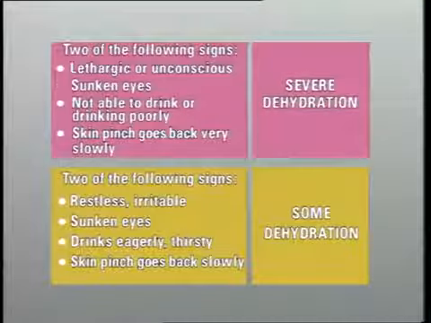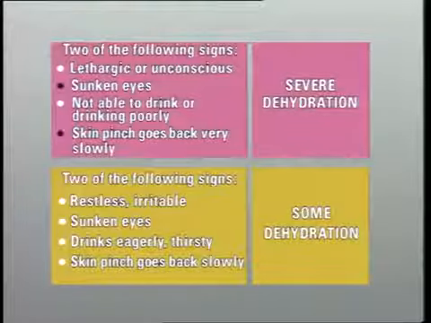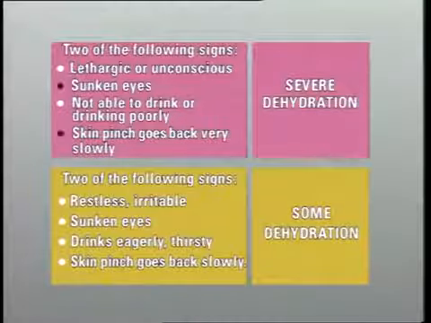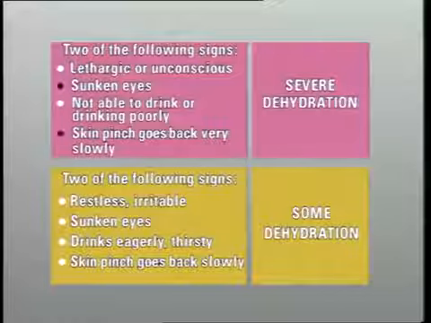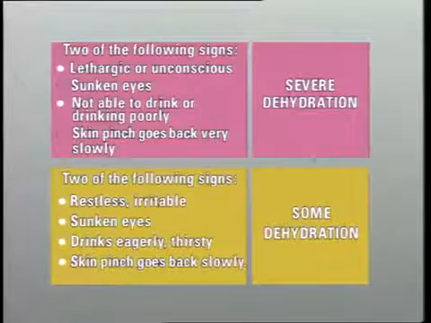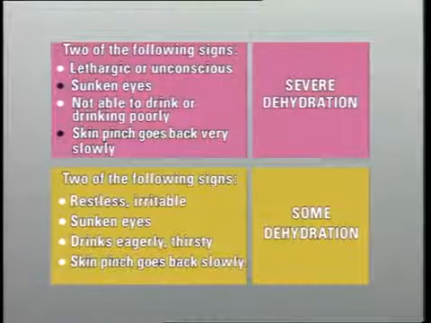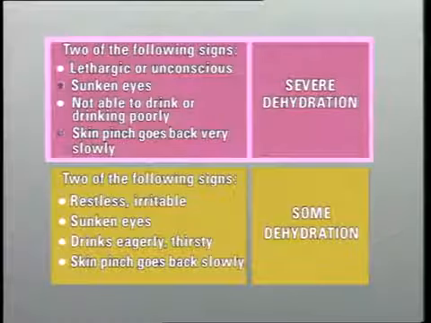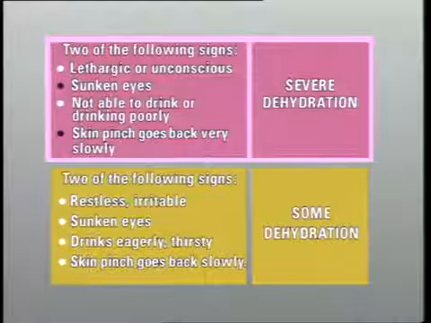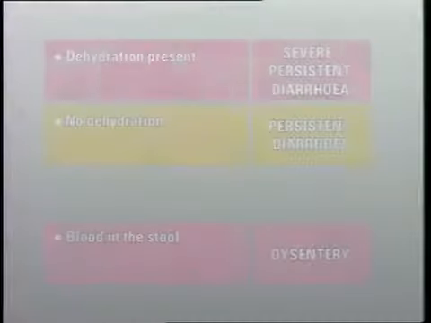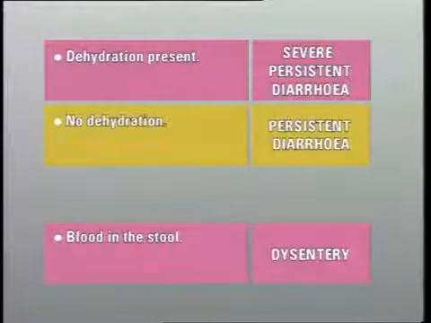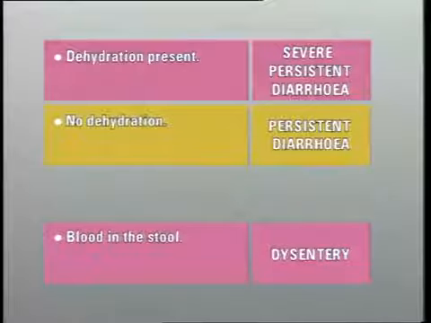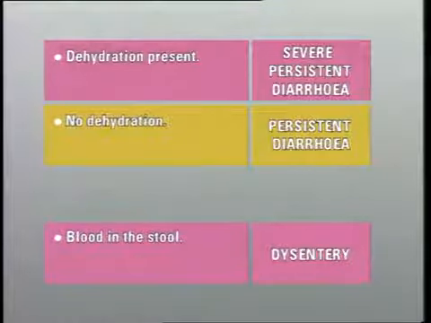Josh has sunken eyes and a skin pinch which goes back very slowly. Sunken eyes and a very slow skin pinch are both signs of severe dehydration, placing him in the pink row. Because Josh had diarrhea for only 5 days, he was not classified for persistent diarrhea.